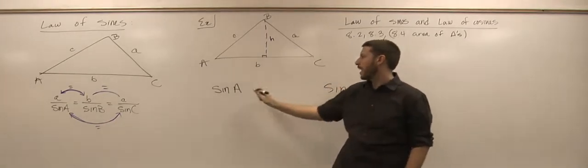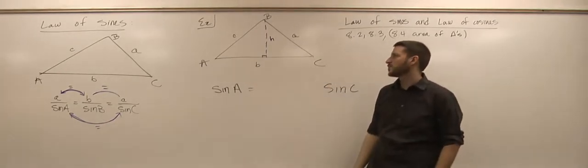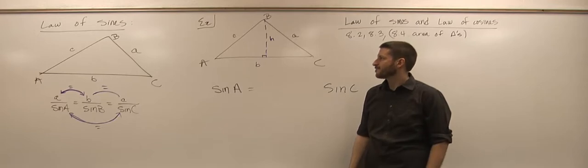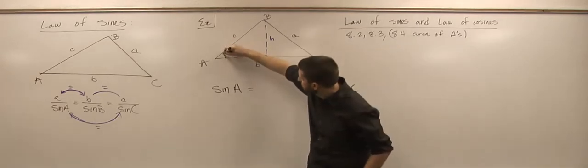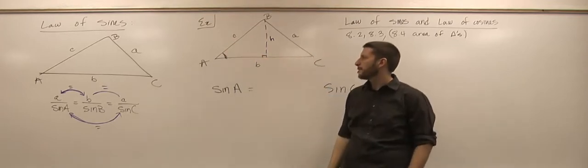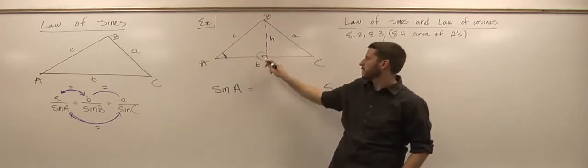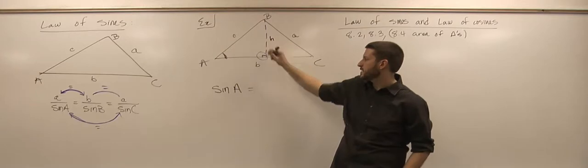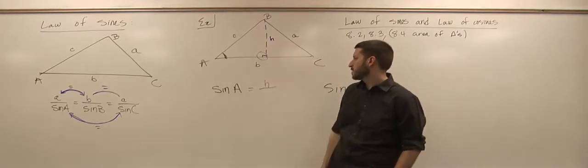In this triangle, how could you write sine of A? What is it equal to? A is this angle. What's the opposite side for A? H, right? If you're focusing on this right triangle, H is the opposite side. And what's the hypotenuse? C.